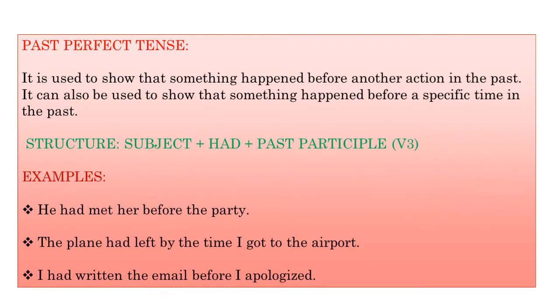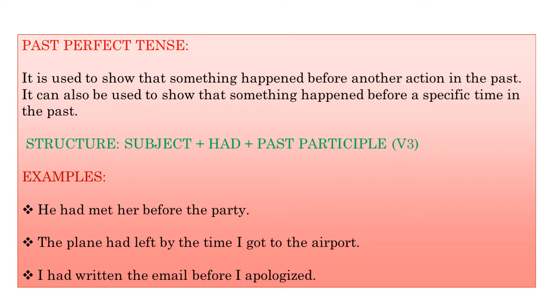Now let us see past perfect tense. The past perfect tense is used to express an action completed before a given past moment. This moment may be indicated or may be understood. Example sentence, rain had stopped by 6 o'clock.